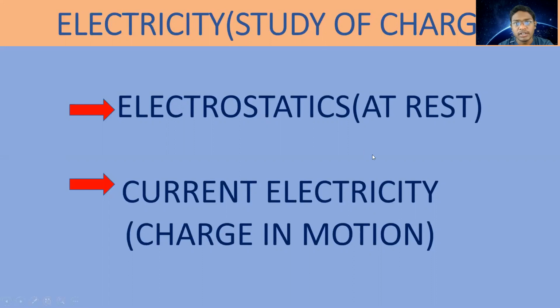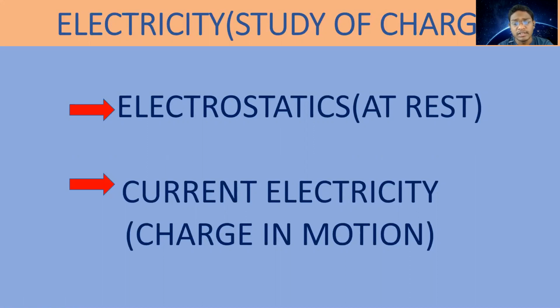If we study the properties of charge while it is at rest, this branch of physics is called electrostatics. When the charge is in motion, this branch is called current electricity. Charge at rest is electrostatics, and charge in motion is current electricity.